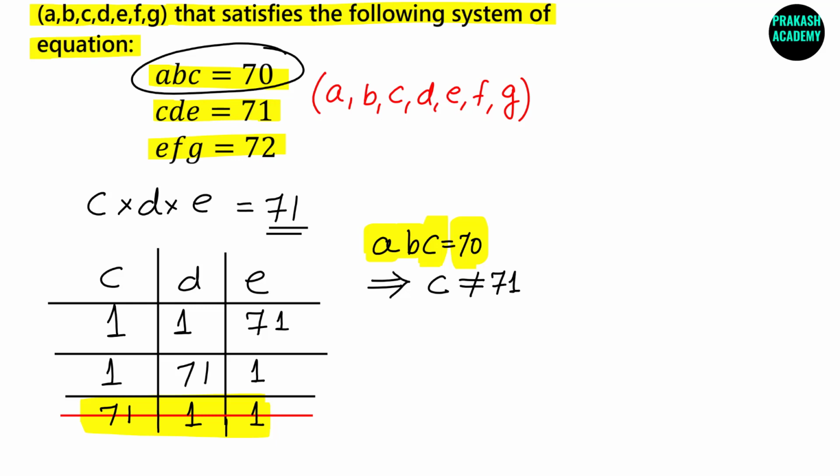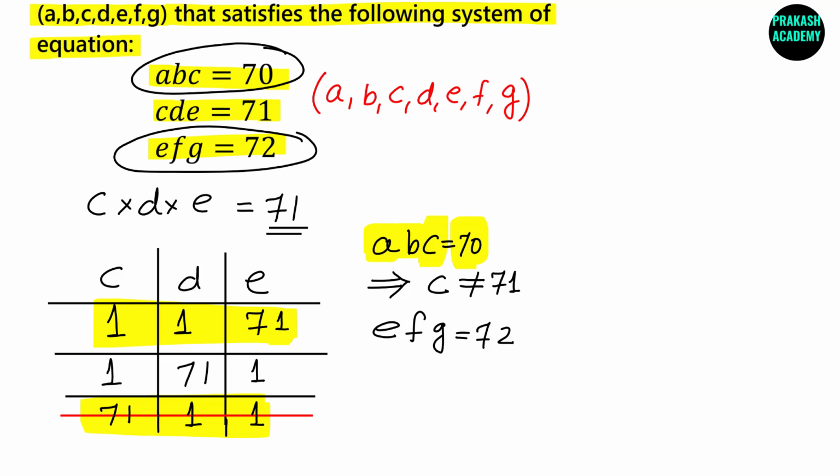Similarly, consider the third equation, efg is equal to 72. So e times f times g is equal to 72. Now think of the solution where cde is 1, 1, 71. This means e is equal to 71. If e is 71 and f and g are other numbers, then if you multiply by these 2 numbers, this will be much greater than 72.